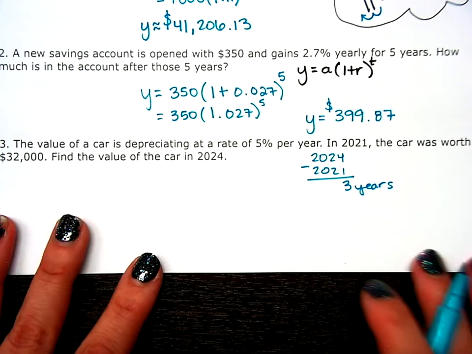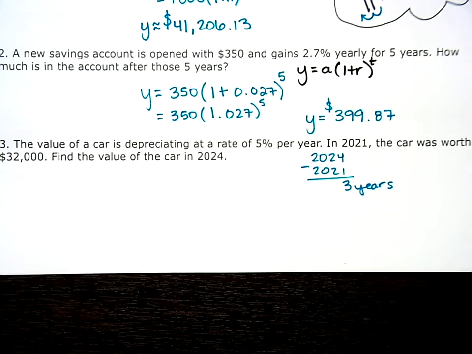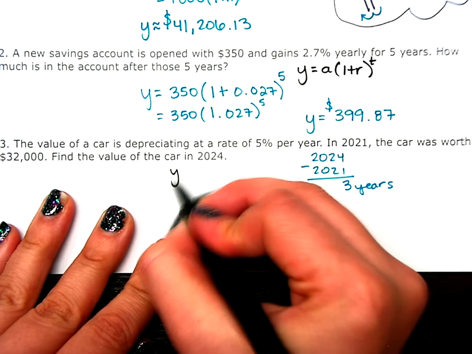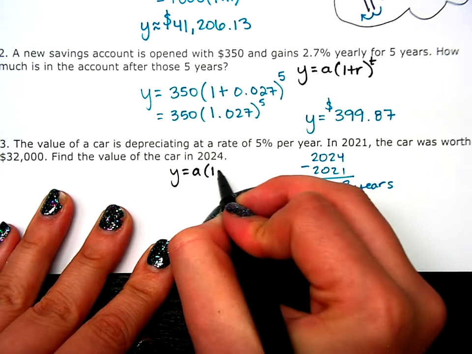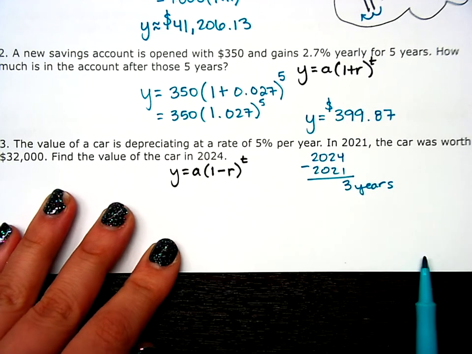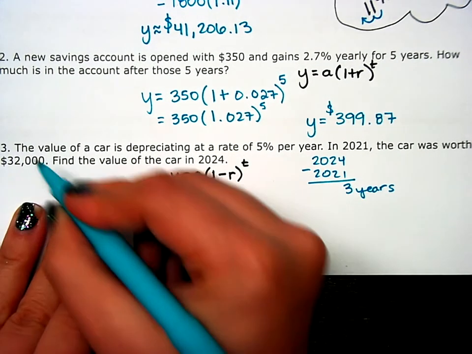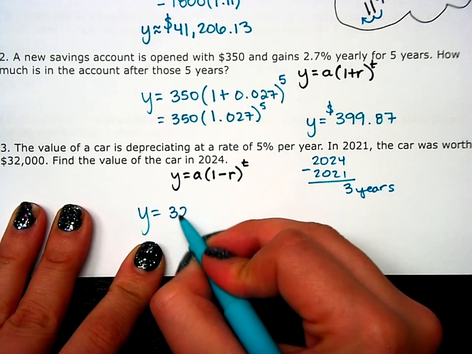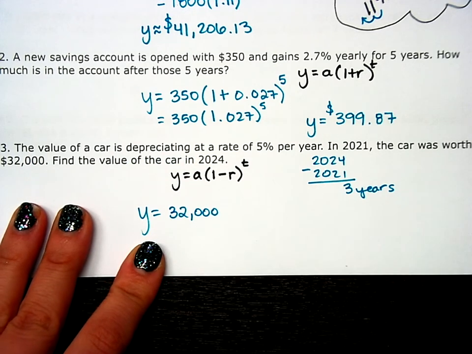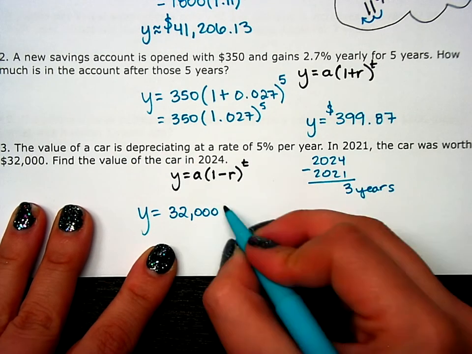Okay, let's get started. This time I'm going to be using my exponential decay function. So I'm going to use y equals a times 1 minus r. Okay. Y equals, my initial amount is 32,000. That's what value the car had at the beginning or in 2021.